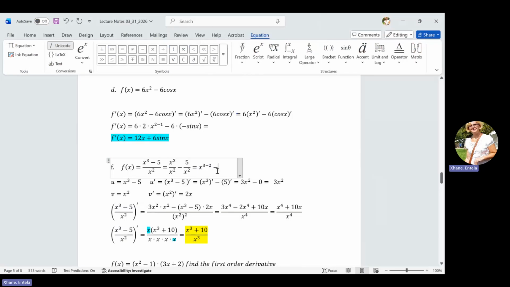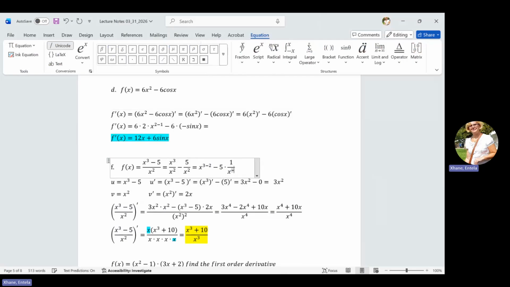minus. Now, on the other hand, I have a 5 over x to the second. I can write this as coefficient 5 times 1 over x to the second. And there's a reason why I'm doing it, because I'm about to change this into a negative exponent.